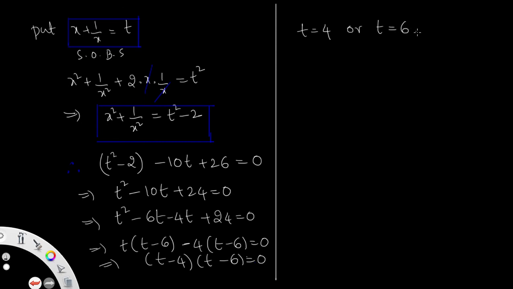Whatever value we have taken, t means x plus 1 by x. So by case 1, if t equal to 4, substitute x plus 1 by x equal to t.